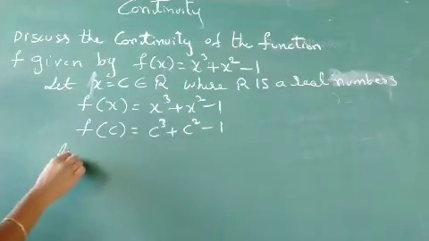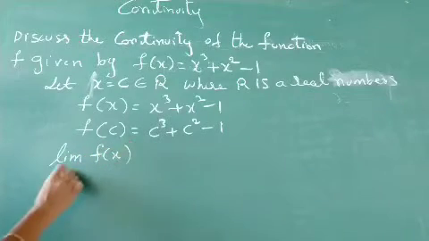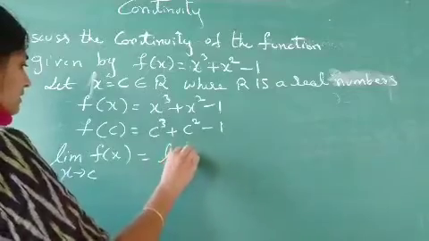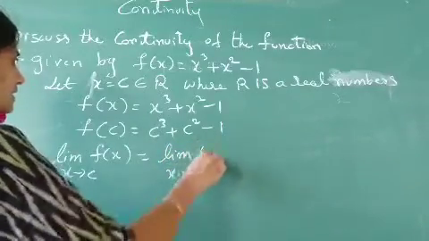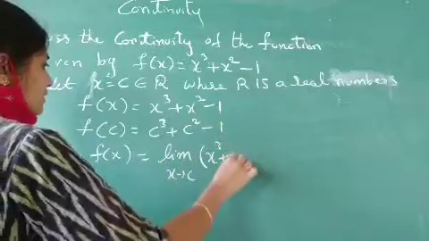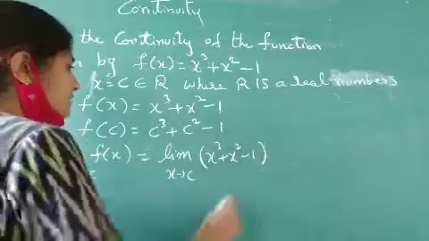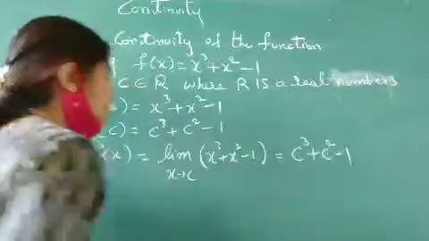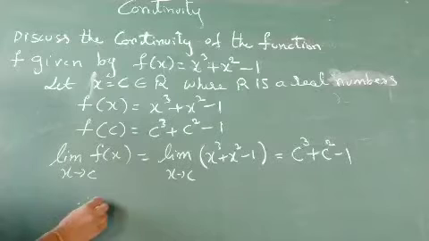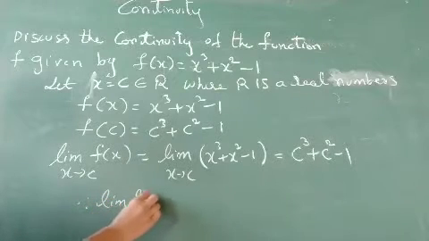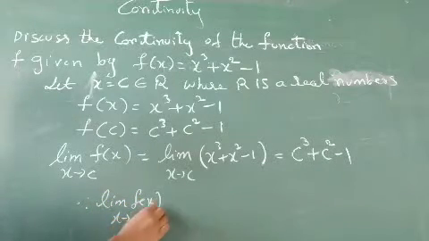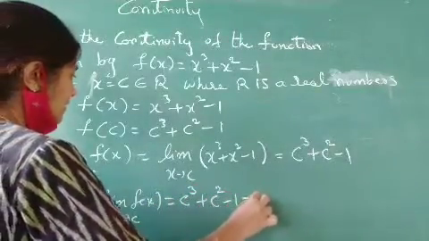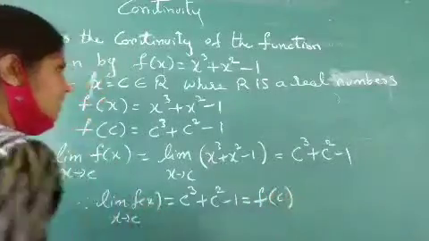Next you apply the limit. Limit of f of x as x tends to c is equal to limit as x tends to c of x cube plus x square minus 1, which is equal to c cube plus c square minus 1, which is equal to f of c.